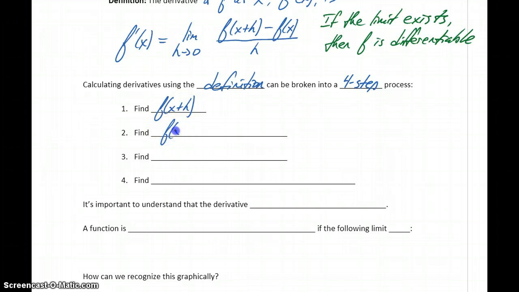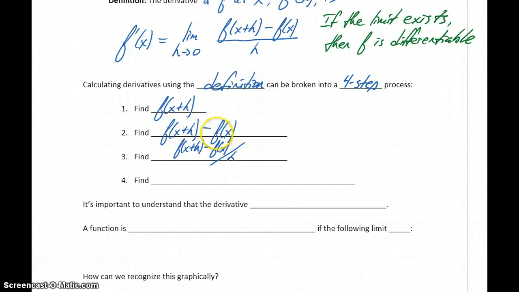The next step then will be to take that result we came up with in the first step, f of x plus h, and subtract the original function, f of x itself. So we'll subtract the function, simplify, combine any like terms, and cancel whatever we can. In our third step, we'll take the result from the previous step and look at what f of x plus h minus f of x divided by h is.